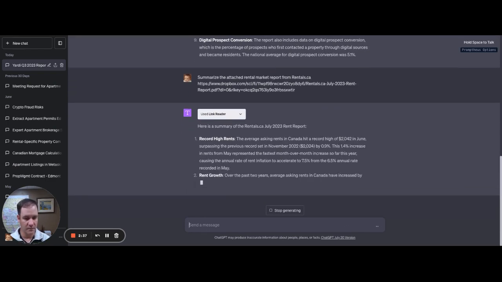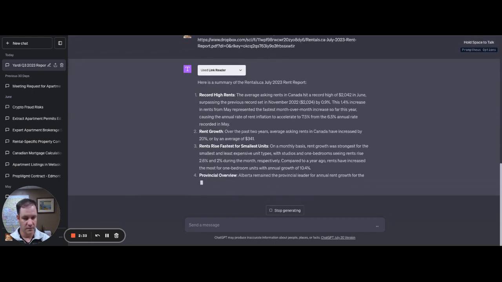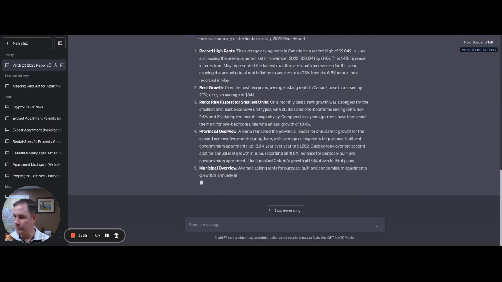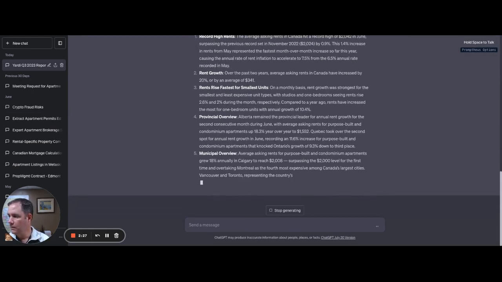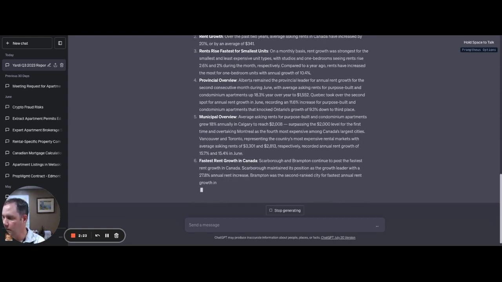Slightly different prompt or response from the first one, but talking about, again, rent growth. I like the provincial overview part. Excellent. Okay. Slightly shorter, only 6 bullet points.